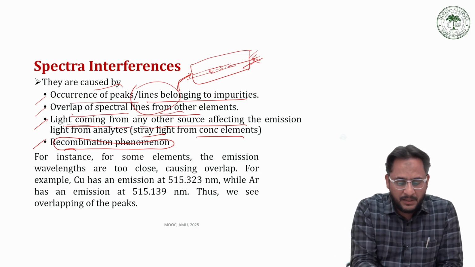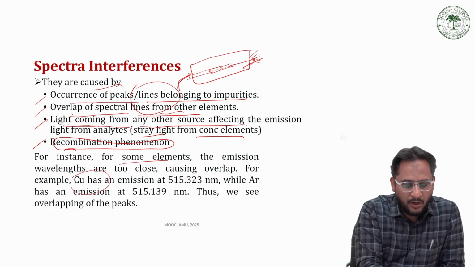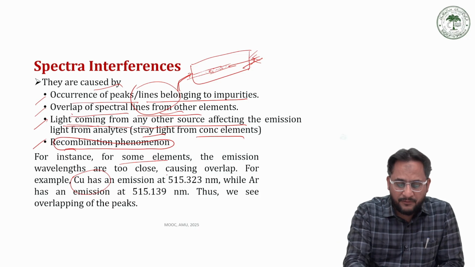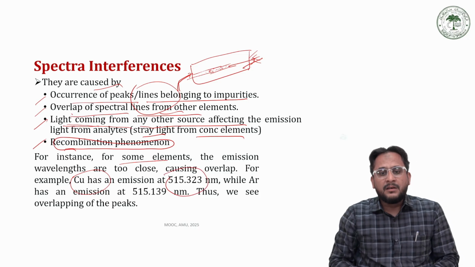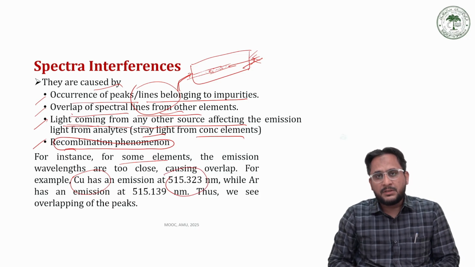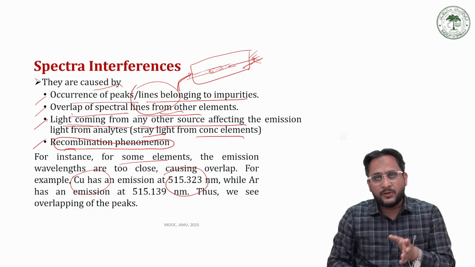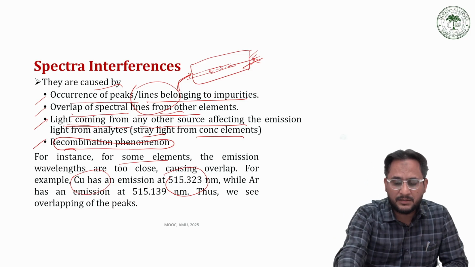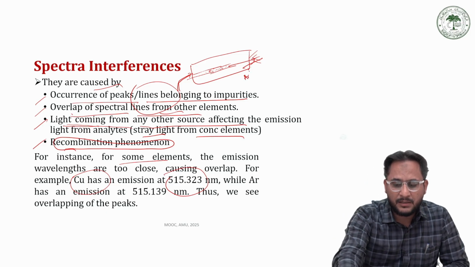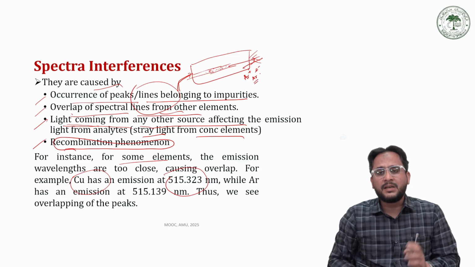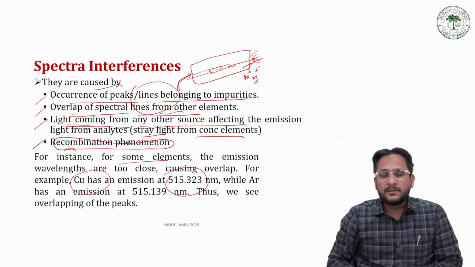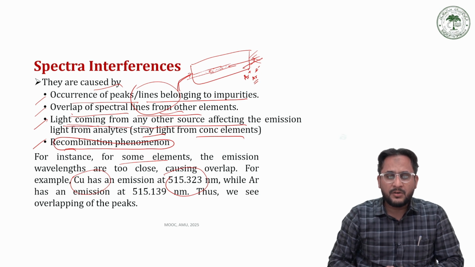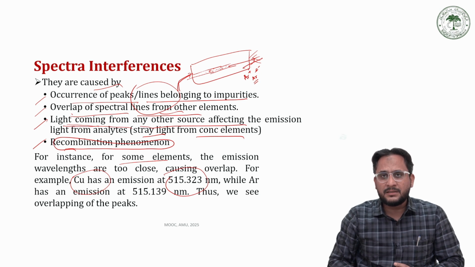Say, for example, copper emits light radiation at 515.323 nanometers, while the argon gas, which is used for plasma, is also present in the plasma in the form of cations along with electrons. As I said yesterday, a few atoms of the argon gas are still present which do not ionize completely, because the gas does not ionize 100%.